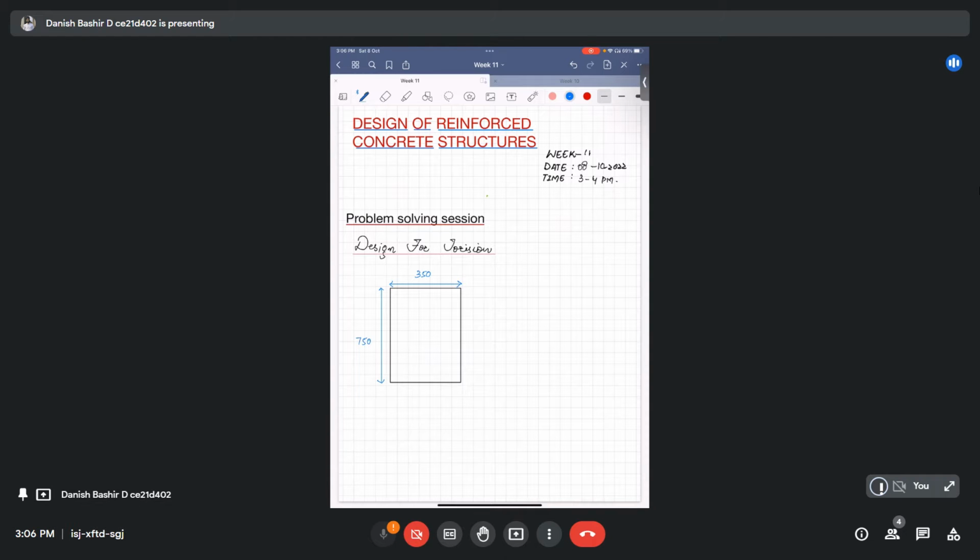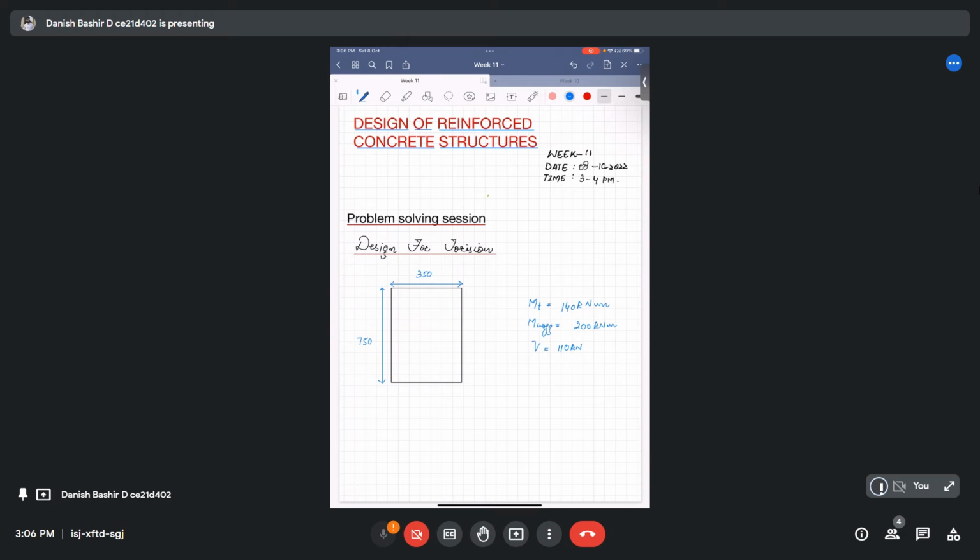It is subjected to an ultimate twisting moment of Tu equal to 140 kilonewton meter, combined with an ultimate hogging bending moment of 200 kilonewton meter, and an ultimate shear force V of 110 kilonewton.